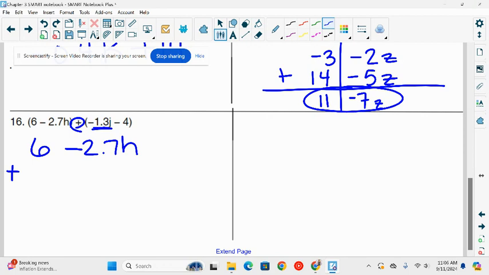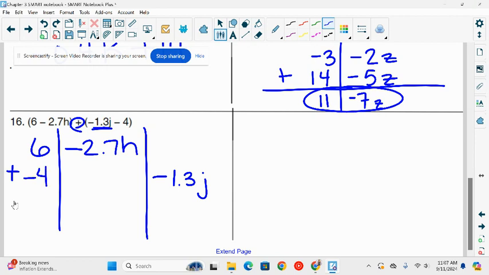Are those the same variables? So it looks like I'm going to have to make another category. Right now I have a category for my constant, and a category for my H. But now I need a category for my J. I have negative 1.3j. And I've got negative 4. Where's negative 4 going to go? Under the 6, under my constants.